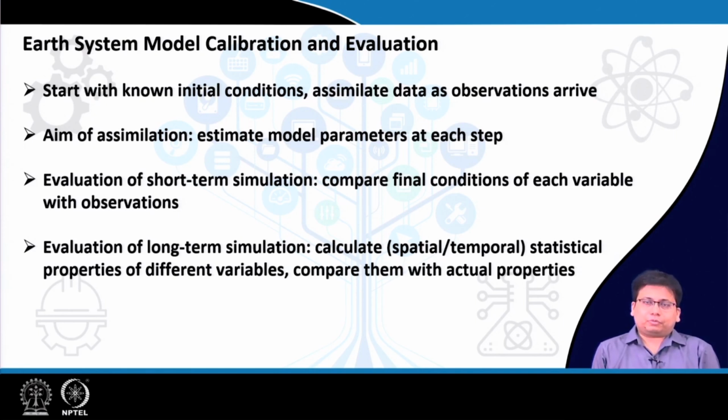That is, the model will be estimating the values of different variables, but from time to time we will be providing the actual observed values of those variables, so that the model can calibrate itself and tune all its parameters at each step. This is basically the data assimilation process, for which we have already studied one approach, the Kalman filters. Kalman filter is only one way. There may be various other approaches to data assimilation which these models can make use of.